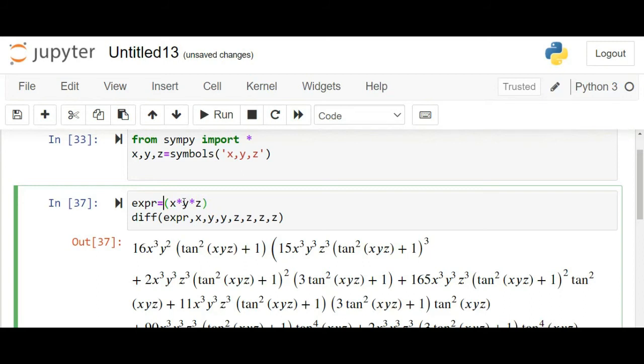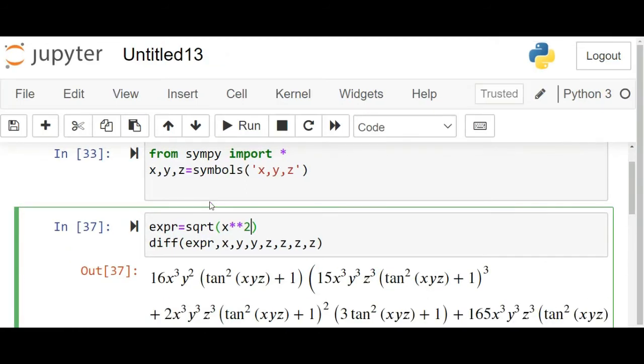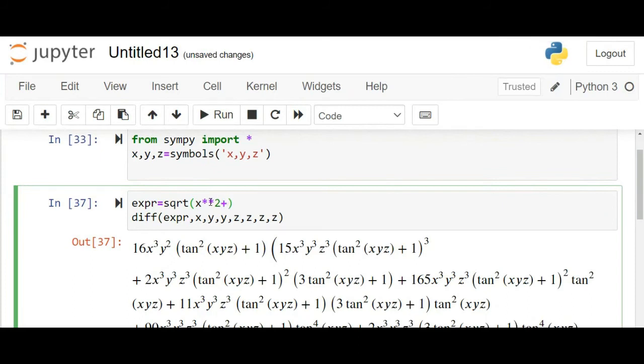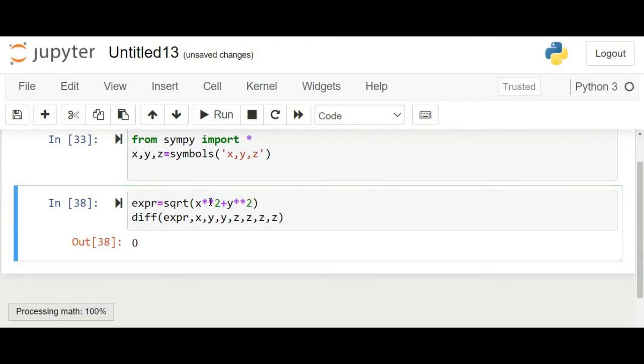And so by changing the variables, we can write any other expressions just like we have done before. If I write square root of x square plus y square, okay, square root of x square plus y square, then our answer will be 0.